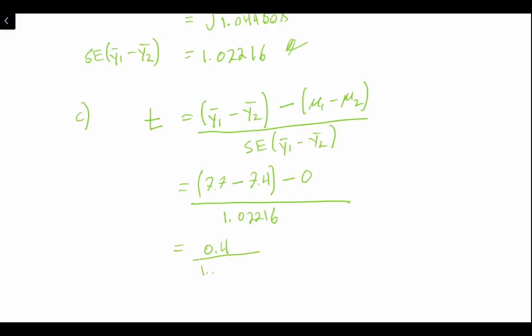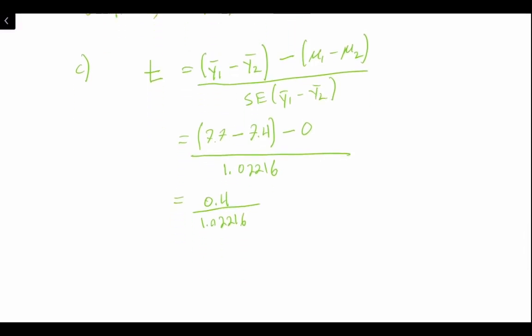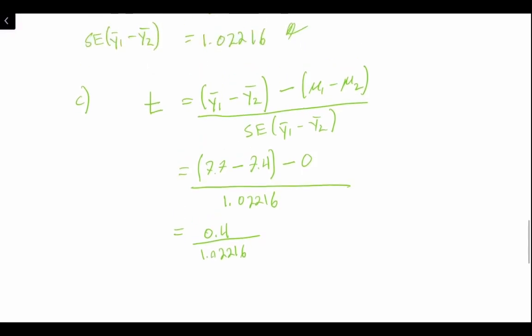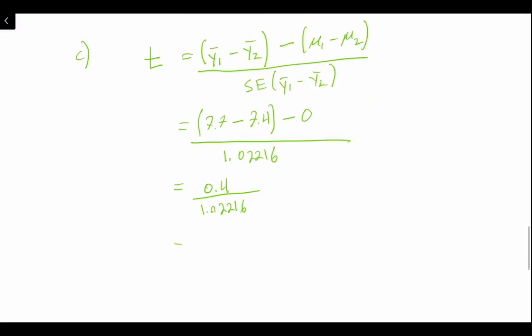So this gives us 0.4 divided by 1.02216, which gives us a t-score of 0.39. Now we can go to 4 decimal points, why not? 0.3913.